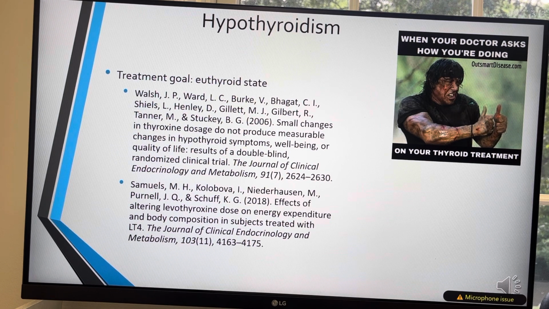The second study evaluated 138 patients. They could tell no difference when their T4 levels were 1.85 or when their T4 was 9.49. So your goal should be treatment to a euthyroid level, meaning a thyroid level that is within normal limits, not necessarily symptomatic relief.